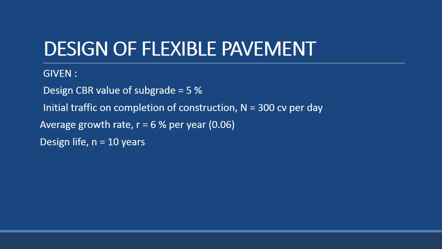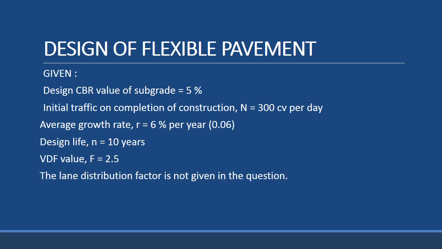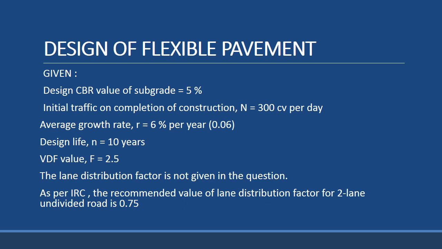The design life, small n, equals 10 years. The VDF value F equals 2.5. The lane distribution factor is not given in the question, however it is mentioned that it is a 2-lane undivided road. As per IRC, the recommended lane distribution factor for a 2-lane undivided road is 0.75, so we are going to use D equals 0.75.